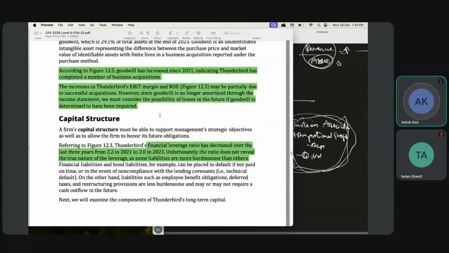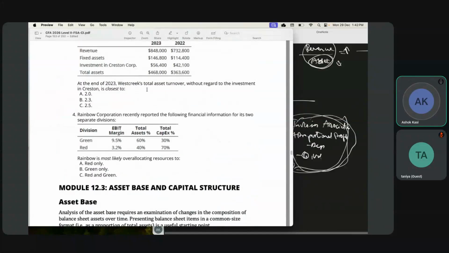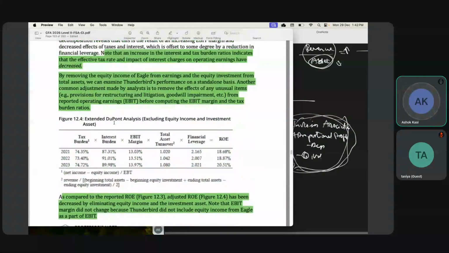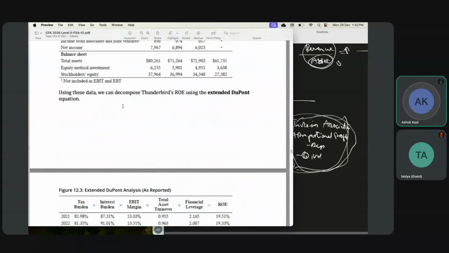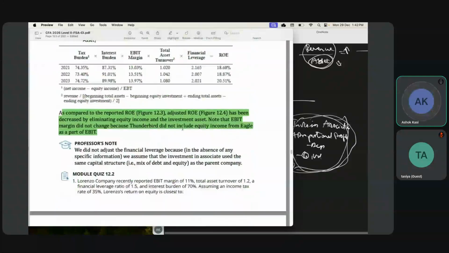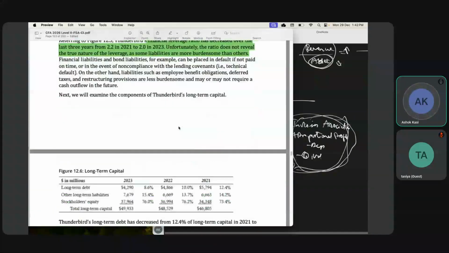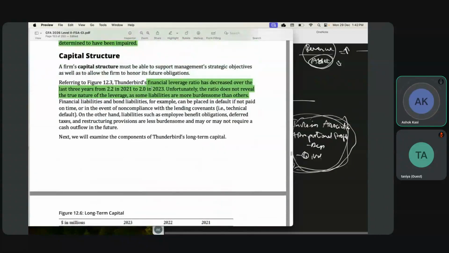So is it decreasing? Financial leverage, 12.3 they said, right? It is slightly decreasing. Unfortunately, the ratio does not reveal the true nature of the leverage, as some liabilities are more burdensome than others. That is also possible.